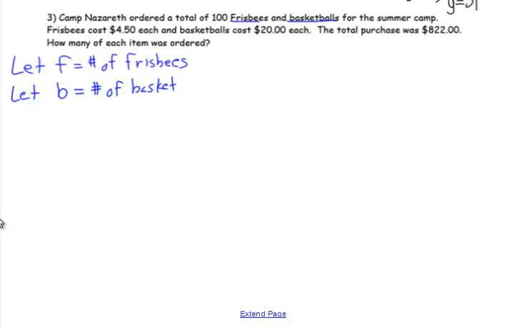If you want to use x and y, you can do that. That's not a big part of it. Now we have to translate. Well, they ordered a total of 100. So together here, the number of frisbees plus the number of basketballs has to equal 100.